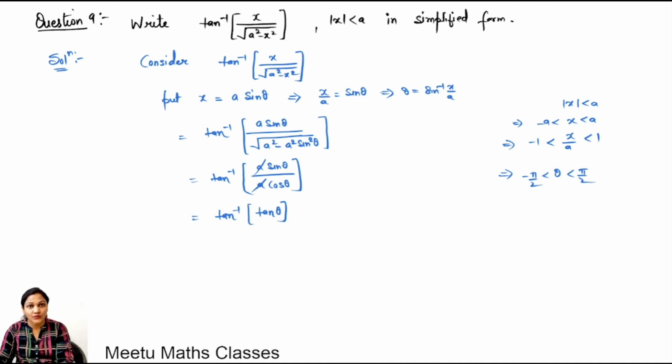So hence invertible, and we can write tan inverse of tan theta is equivalent to theta, and now we can replace theta with sin inverse of x by a, and this is the simplified form of your function.